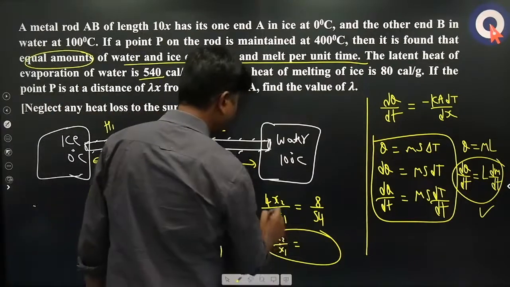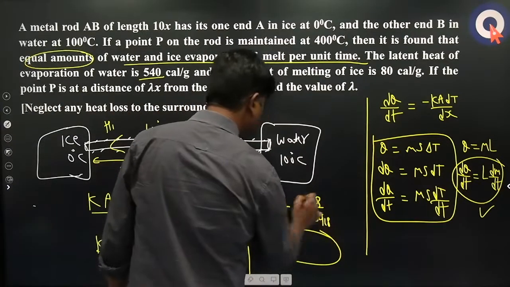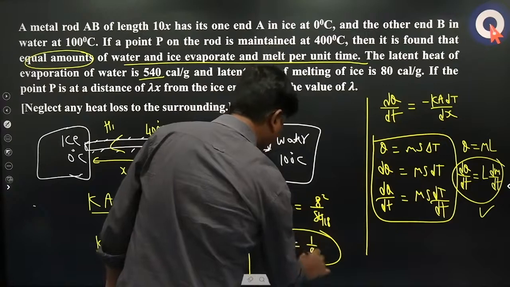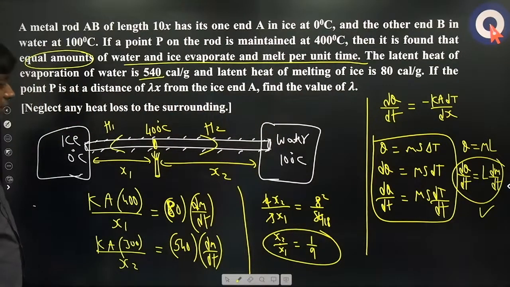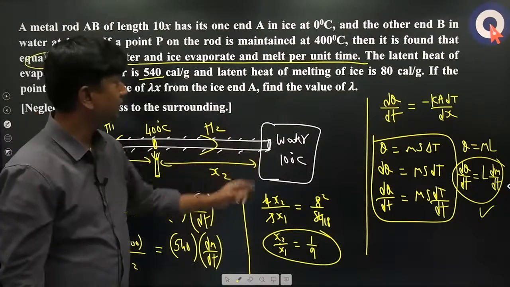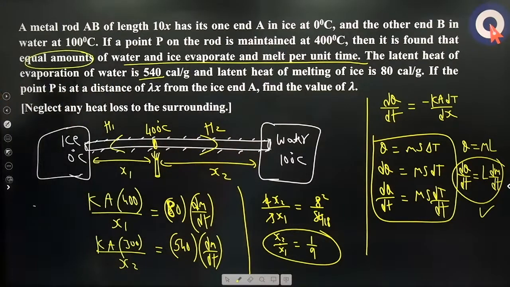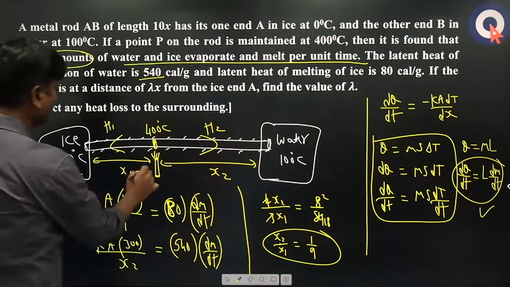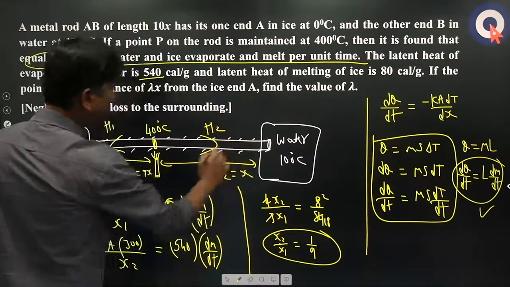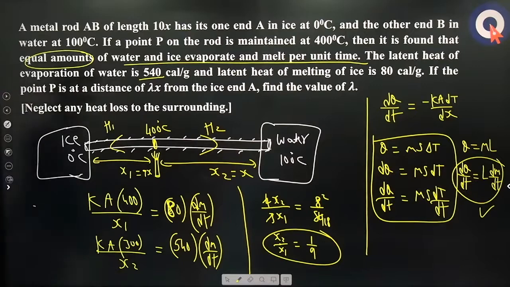I think you will be getting 1 by 9. So x2 by x1 is something like 1 by 9. Already they have given the total as 10x, right? So x1 will be 9x then. This one will be 9x and this one will be x.